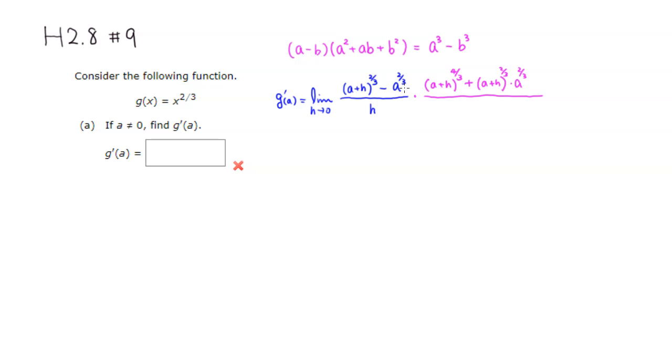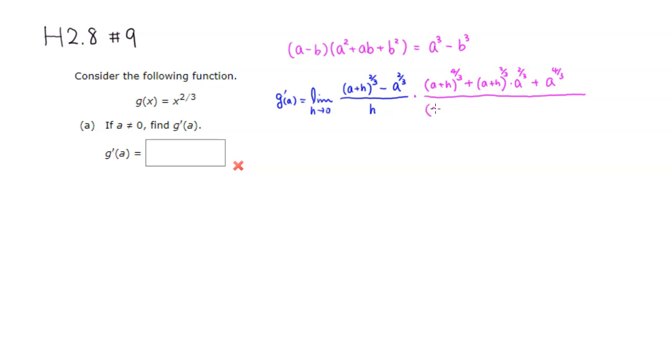I know it looks really ugly, but this is going to simplify quite nicely. Then b squared: this guy squared would be a to the 4/3 power. I'm going to do exactly the same thing to the denominator.